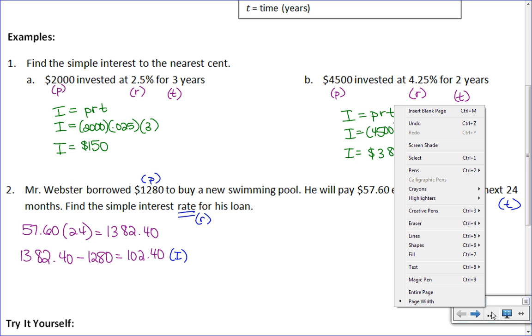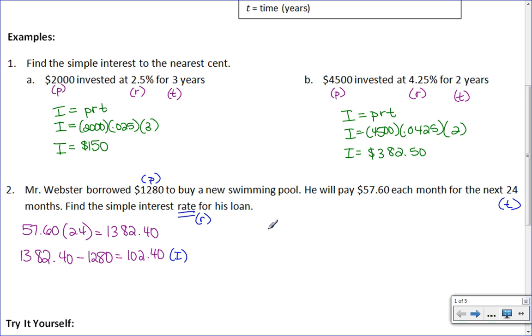Okay, now we can use the formula. I equals PRT. Well, I is 102.40. P is 1280. R is what we're looking for. And T is 24 months.